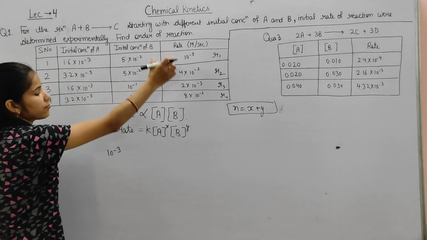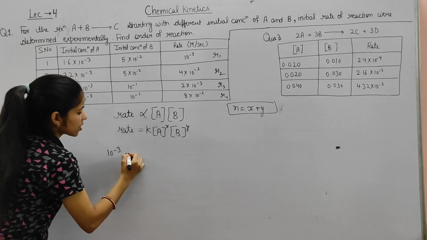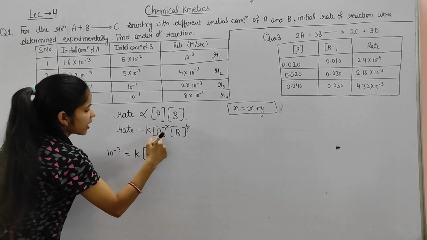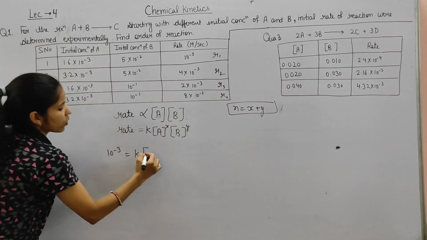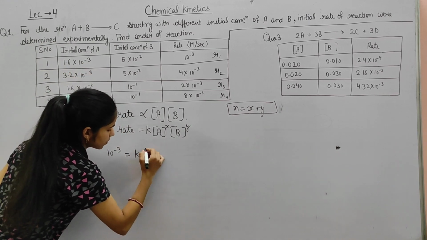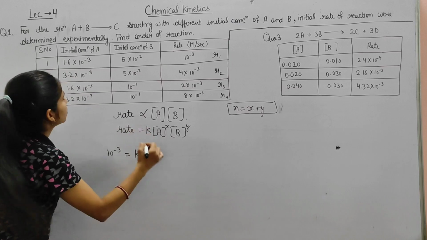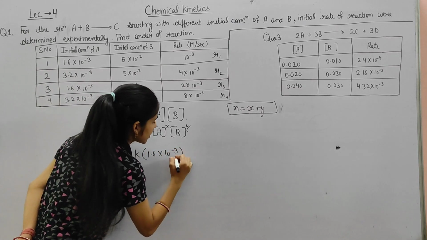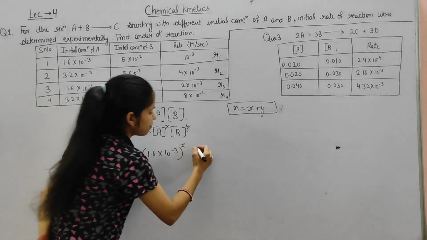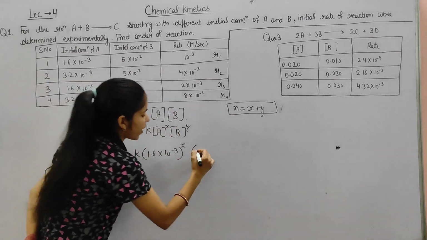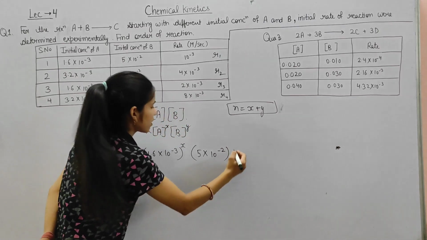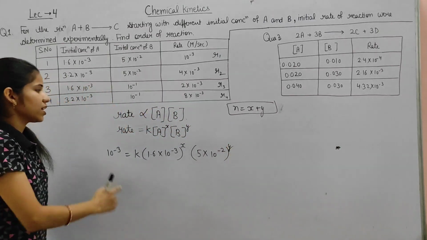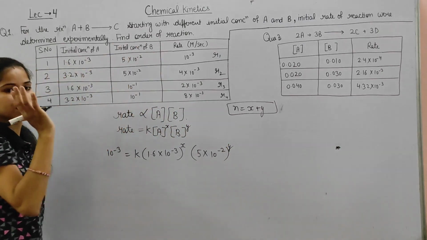We are putting the values in this equation. This is equal to k, [A], the initial concentration of A, 1.6 into 10 to the power minus 3 raised to the power x, and [B], 5 into 10 to the power minus 2 raised to the power y. This is from the first equation.